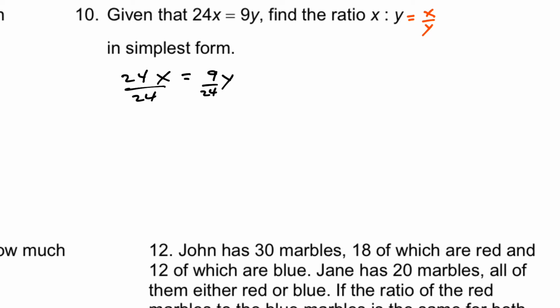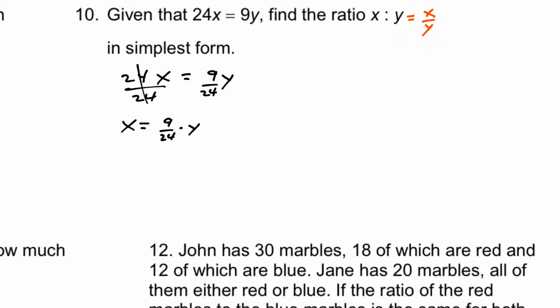The 24s on the left-hand side cancel out and make a 1. So now we have X equals. And I purposely wrote this on the right-hand side as 9/24 times Y, like that. That Y floating in the middle there on this fraction really implies that Y is up on top in the numerator. All right, well then to finish it, I just need to get Y on the bottom on the left-hand side.